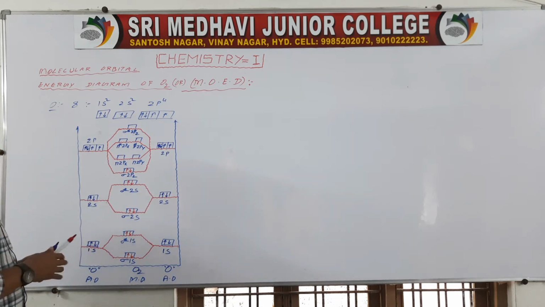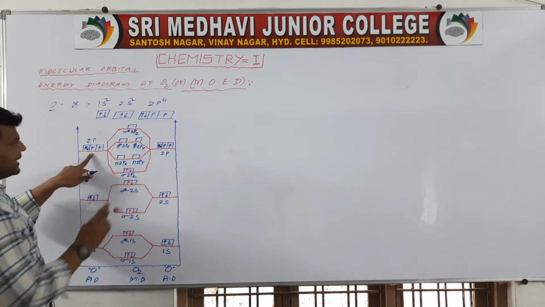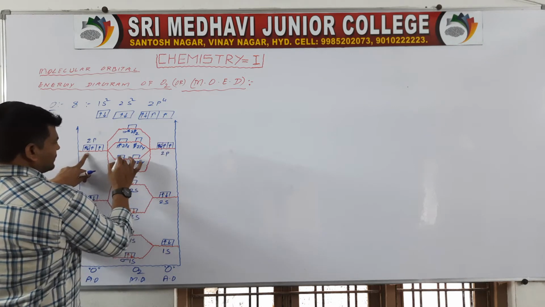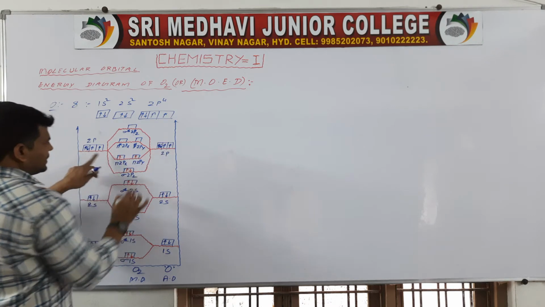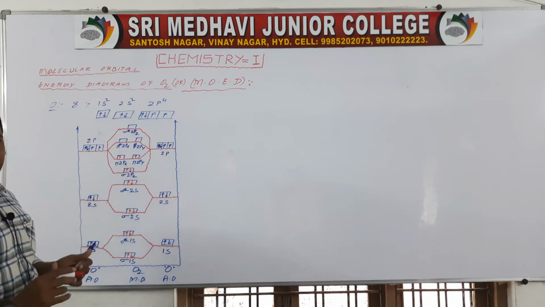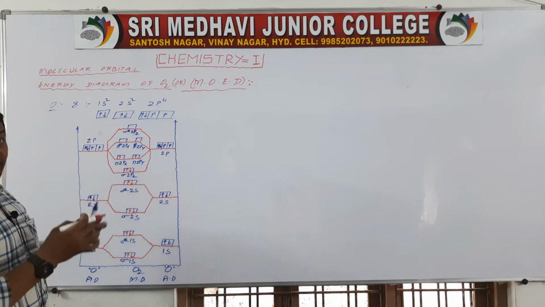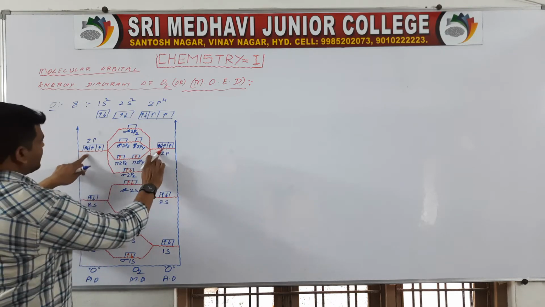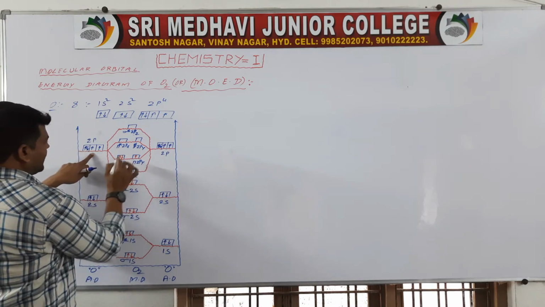Then here the second electron, here the second electron. These two are degenerate orbitals which have similar energy. So these two are filled with at least 1 electron, then pairing takes place. Next, the second electron pairing.